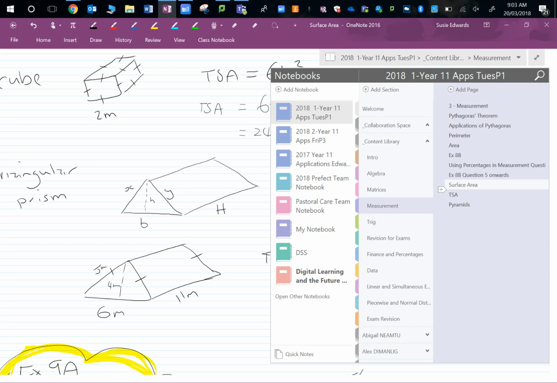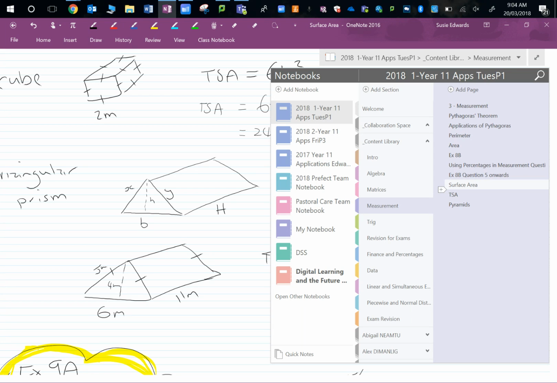Now, just be aware, sometimes you might get asked to find the surface area of an open cylinder. What does an open cylinder mean? No bases at all. If it says open, it pretty much just means that, so you've just got to find the rectangle.